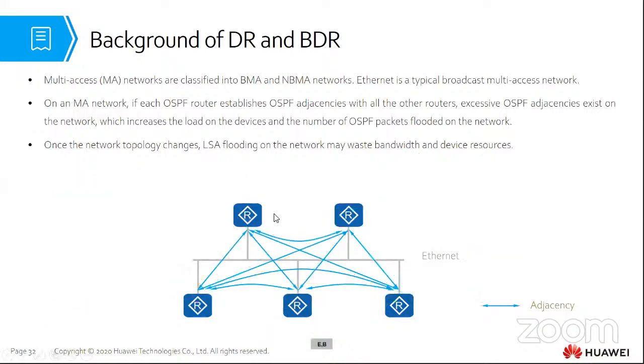So, router 1 needs to form a relationship with that. That's one relationship. A relationship with that, 2 relationships. A relationship with that, 3 adjacencies. A relationship with that, 4. Then a relationship between this and that, 5 relationships.